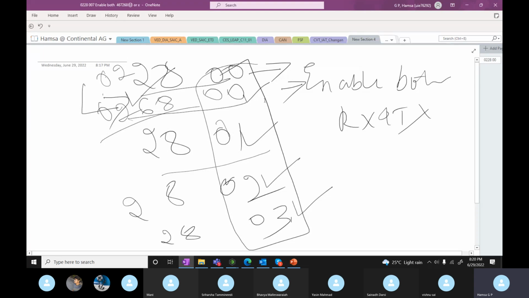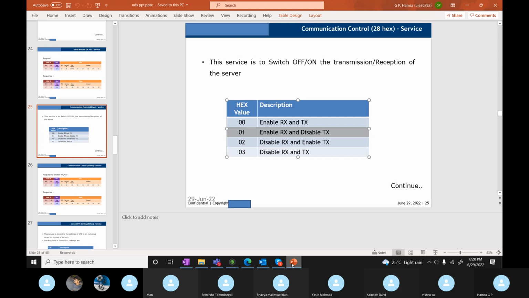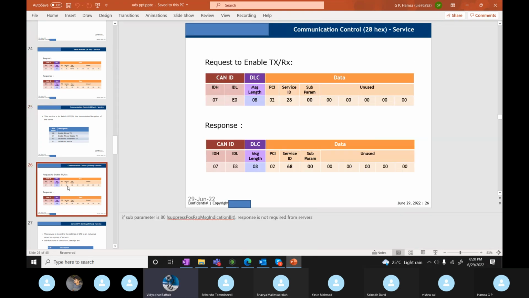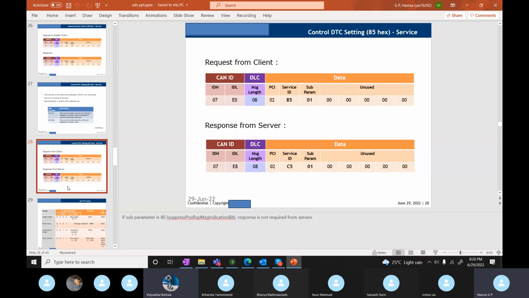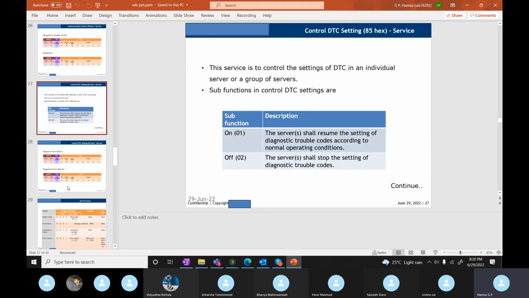So you can control the communication of the ECU by using this service 28. Is it clear? Any doubts on this? No. Okay, if there are no doubts, I am moving on to the next service.